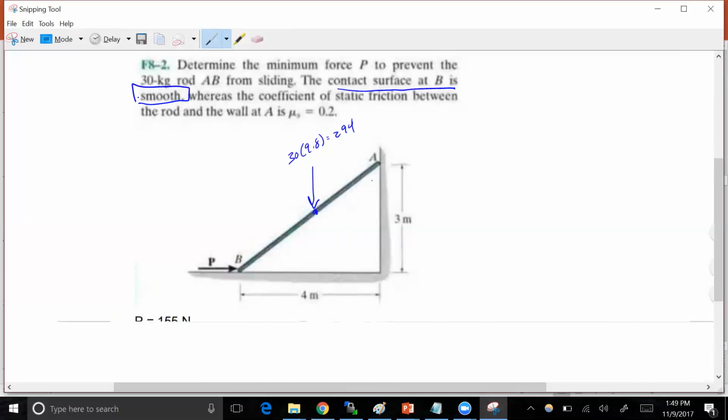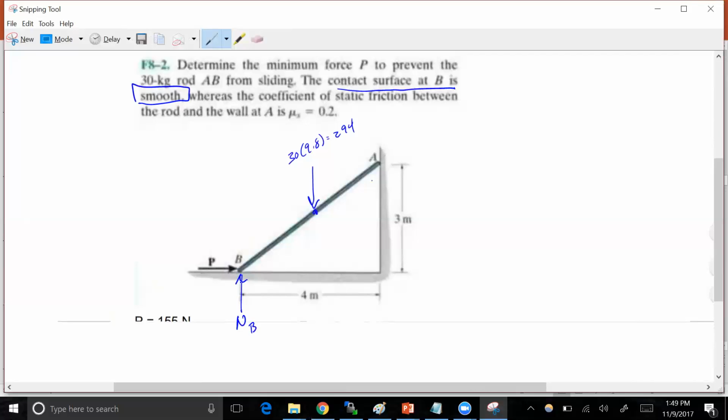Well, that's already drawn. I mean, force P? Yeah, force P is already drawn here. How about another force? Okay, where? At B, right? So we have a normal force at B. No friction force because it's smooth.